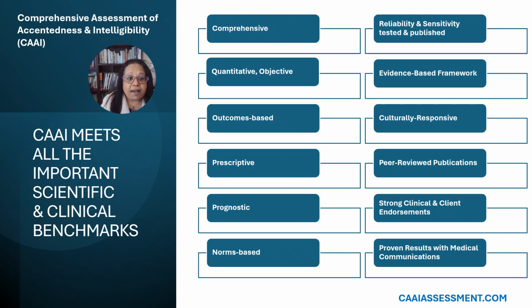So we actually have, this is the only test where, for accents, that is, where local norms have been sampled, and then you'll see that these local norms, the baseline is provided in the diagnostic profile.